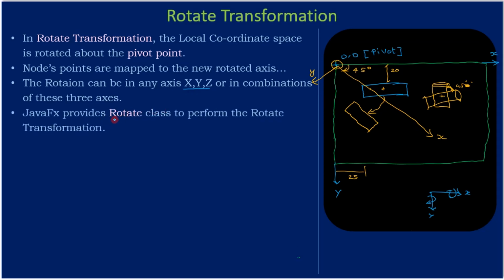JavaFx provides a Rotate class, just like the Translate class. That means Rotate is derived from the Transform class. So just like the Translate class, JavaFx provides the Rotate class to perform the rotate transformation.